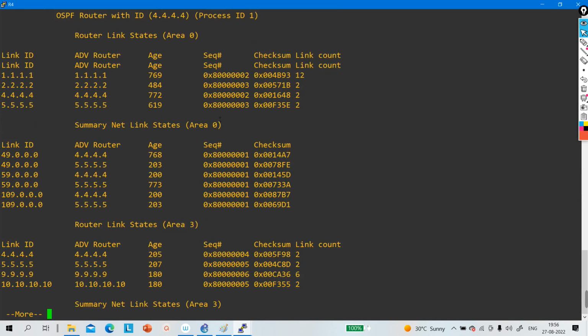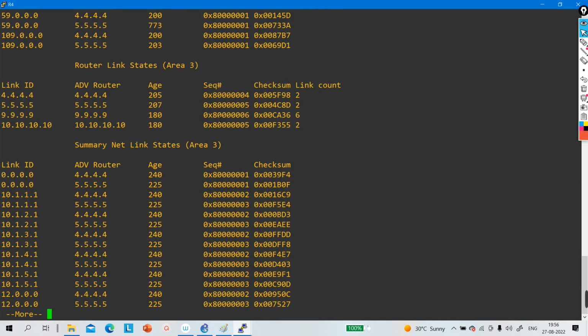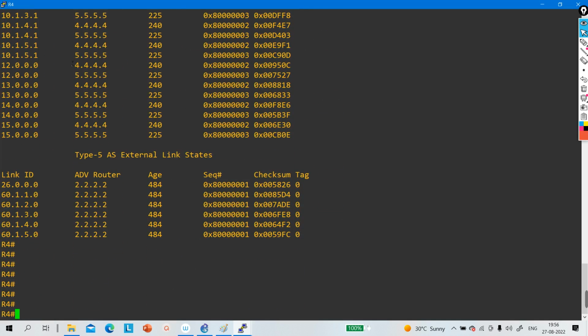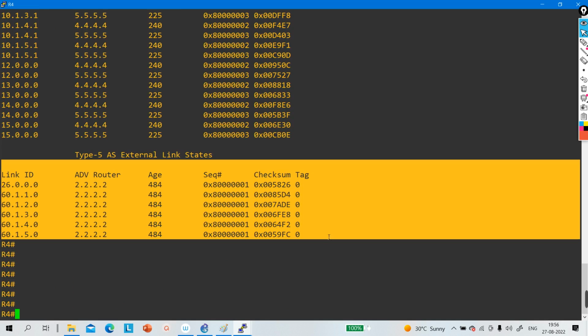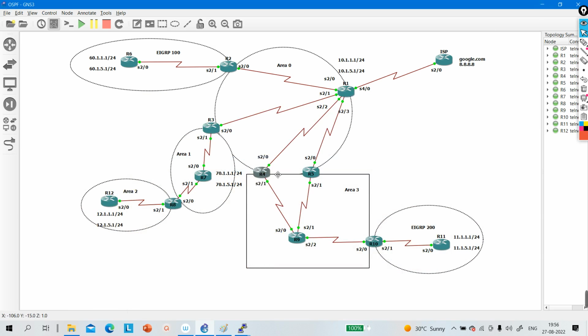In their database, you can see there is LSA 5 of router 2, but there is no LSA 5 of router 10, right? Because router 10 is not allowed to generate LSA 5 in a stub area, because LSA 5 is not allowed in a stub area.